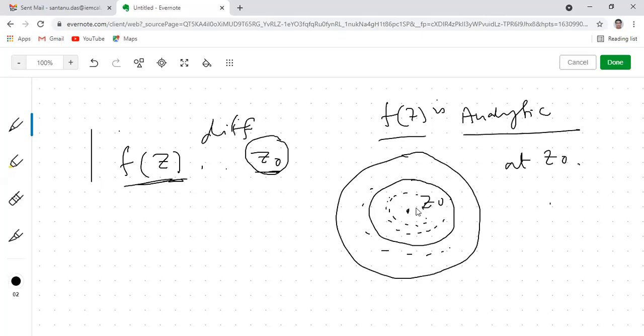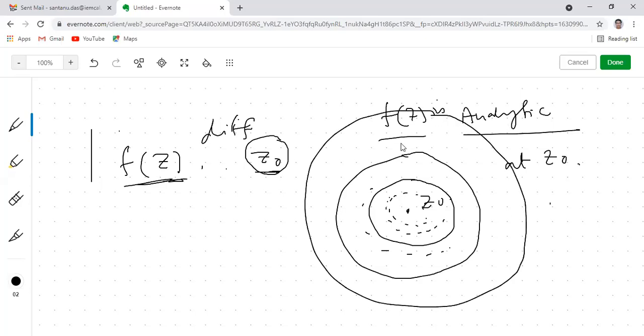So here, if I consider any arbitrary point z0, any neighborhood I can construct around that point, I can consider any larger neighborhood. So if a function is analytic, then I know that it is differentiable at all these points. So analyticity at a given point is a broader concept compared to the differentiability of a function at a given point. Because if the function is differentiable at a point, then the function is differentiable only at this given point.